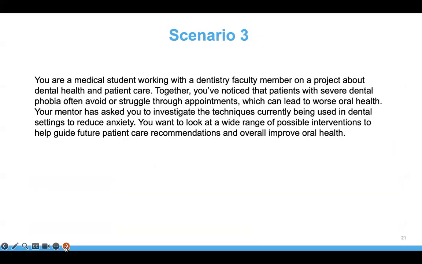If we look at one more example, we have here, you are a medical student working with a dentistry faculty member on a project about dental health and patient care. Together, you've noticed that patients with severe dental phobia often avoid or struggle through appointments, which can lead to worse oral health.